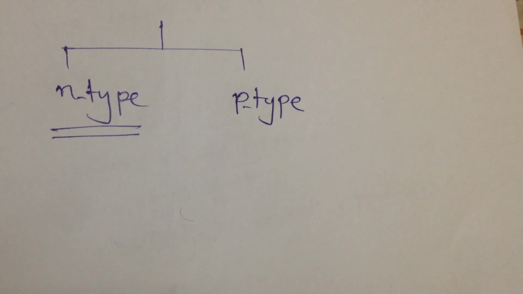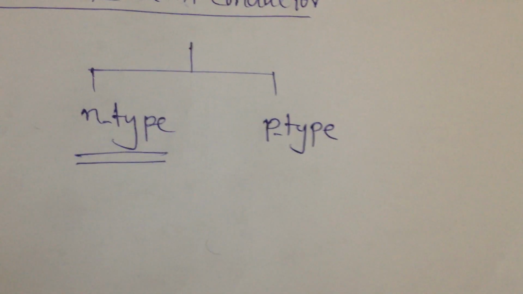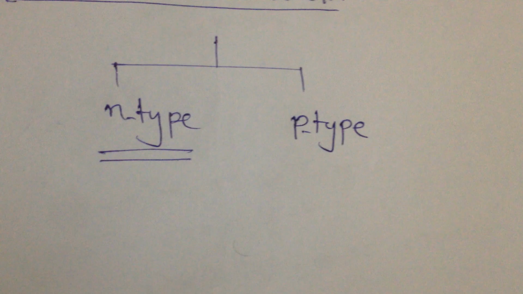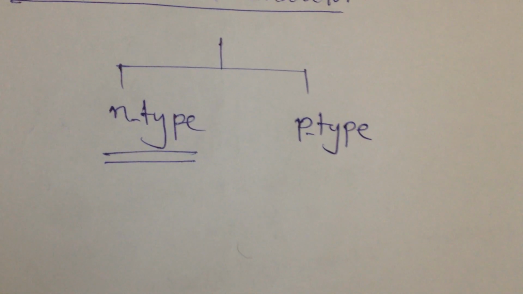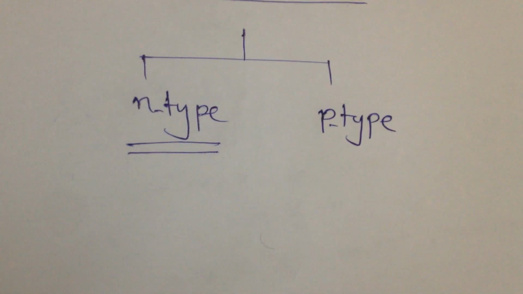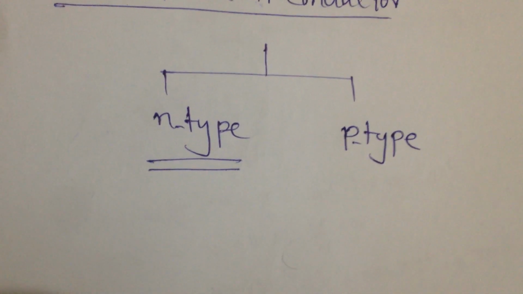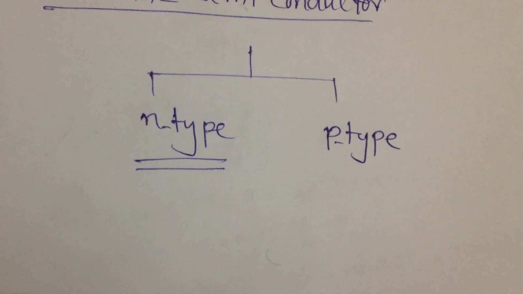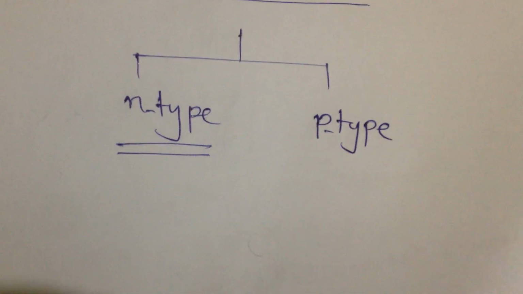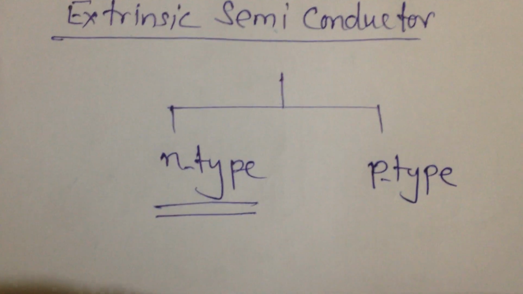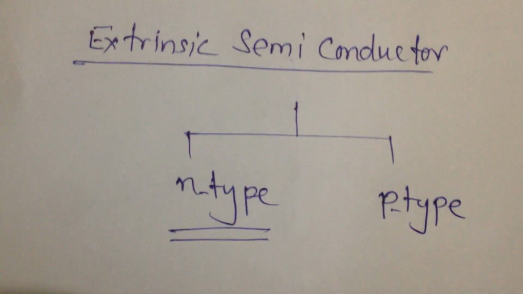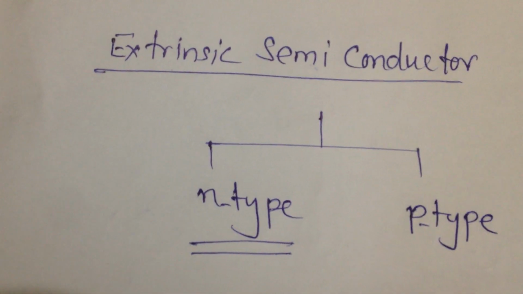Examples of pentavalent impurities are phosphorus, arsenic, and antimony. I will tell you how the conduction takes place, and what the majority charge carrier in the N-type semiconductor is.